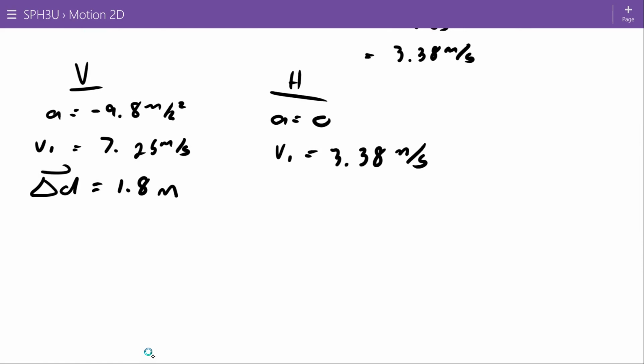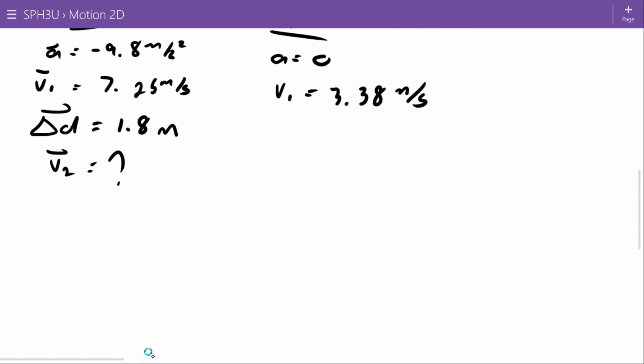Now the trick to avoid using that quadratic that we dealt with in a previous example is to find the final velocity here first. So I'm going to deal with that one first. That means I'm going to use the equation 2ad equals v2 squared minus v1 squared.